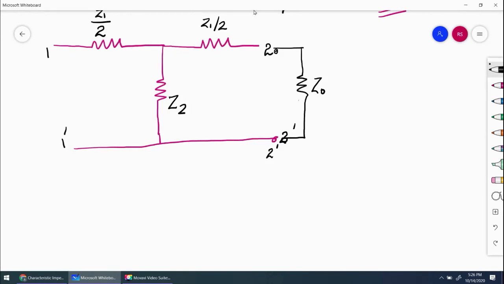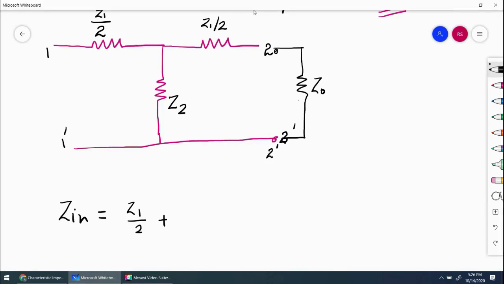It will be given by Zin is equal to Z1 by 2 plus, now this is Z1 by 2, and these two, Z1 by 2 and Z0, are in series, in parallel to Z2.